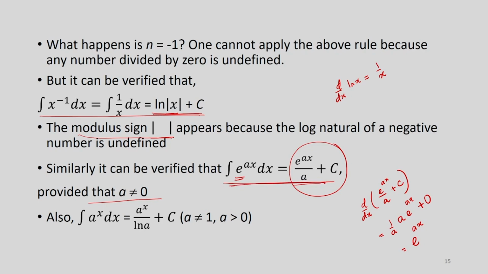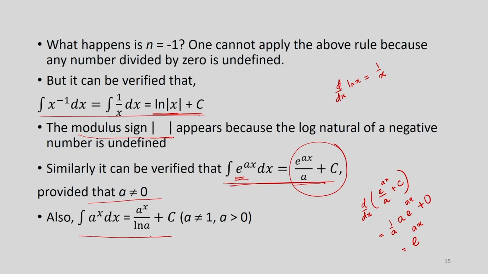So instead of the exponential function like this, if I take a to the power x, where a is any constant, then it should be equal to a to the power x divided by log of a plus c, and of course, I have to make sure that a is not equal to 1.